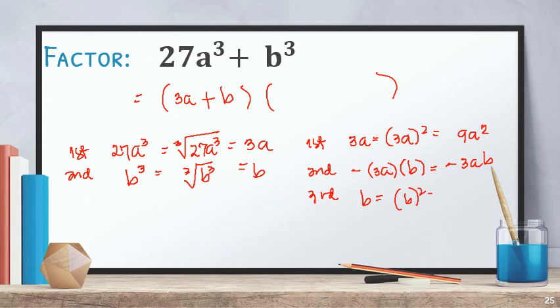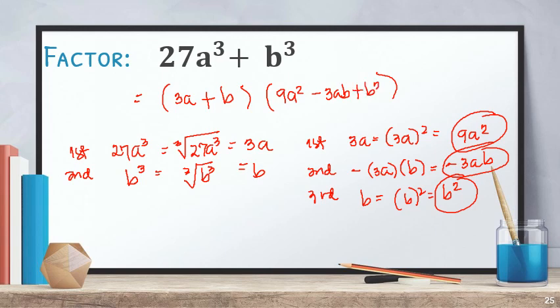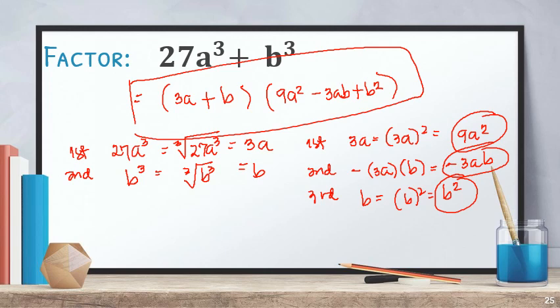Squared of b is b squared. Now, we will write all these terms inside again of the parentheses. So 9a squared minus 3ab, since b squared is positive, plus b squared. So our final answer is 3a plus b multiplied by the quantity of 9a squared minus 3ab plus b squared.